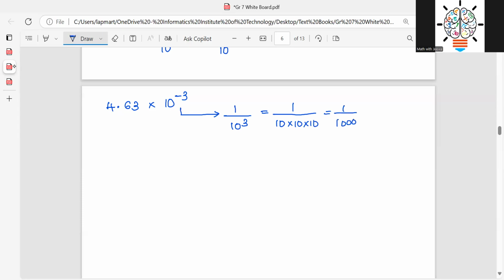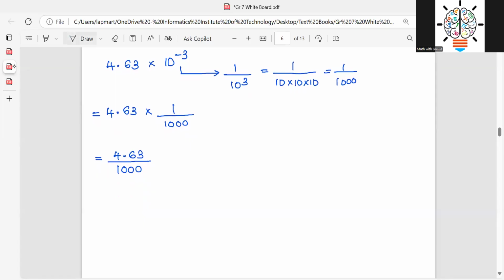Okay, then I rewrite this question, 4.63 multiplied by 1 over 1000. So then here 4.63 divided by 1000. So when you divide it by 1000, so now what happened? That you have only one digit here before the decimal. So therefore I want to have another two zeros.